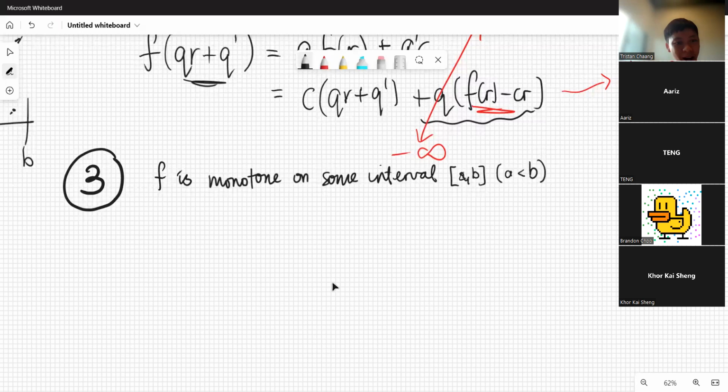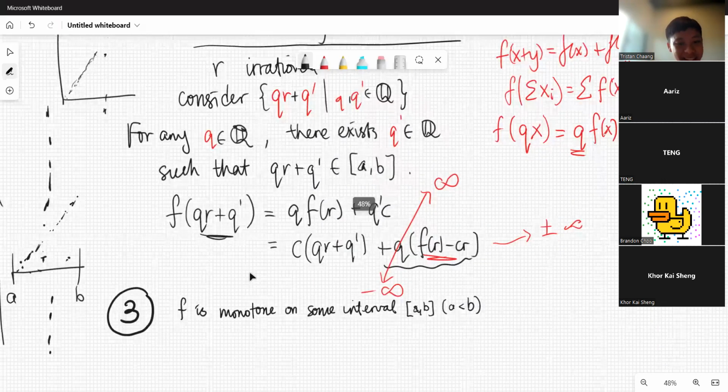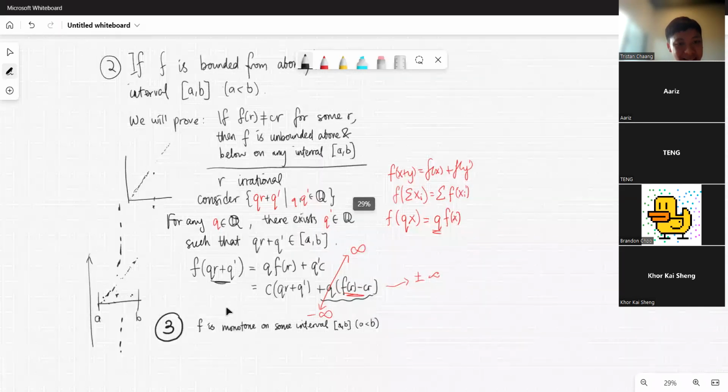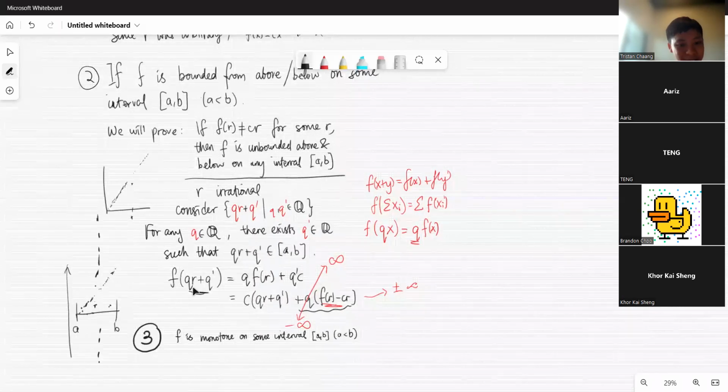So anyone can see why this is just an immediate consequence of the second case? Well, my writings, some are quite big, some are quite small. Anyone can see why the third case is a subset of the second case? Okay, so someone said because it is bounded by the values at both sides.